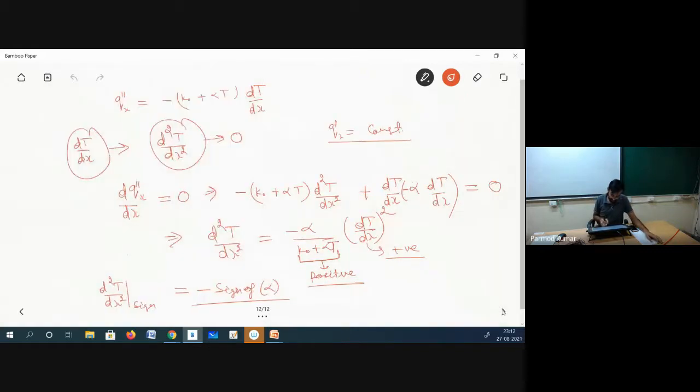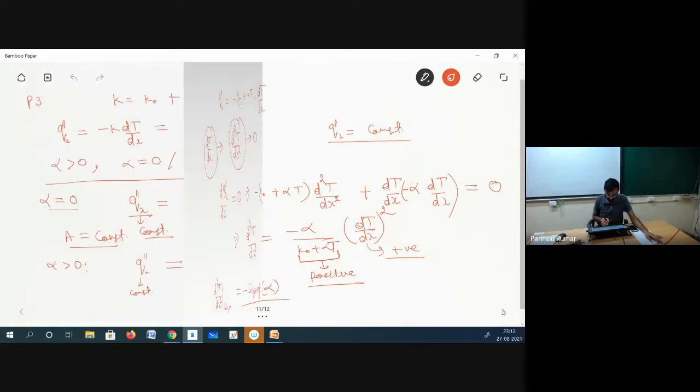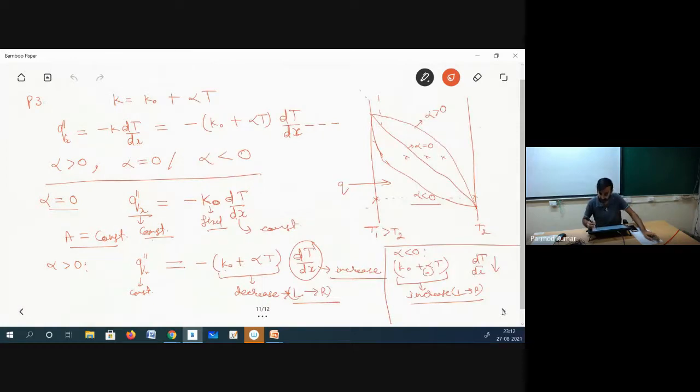When alpha is greater than 0, d square T by dx square has to be negative, so dT by dx should decrease towards the rightward side. And when alpha is less than 0, d square T by dx square will be positive. That is only possible if our gradient is decreasing as we move towards the right side. Is this point clear?